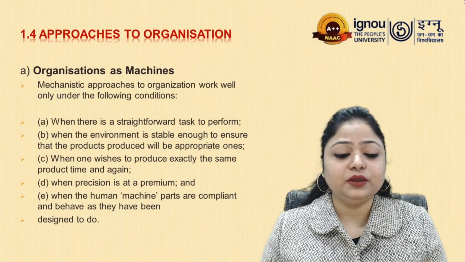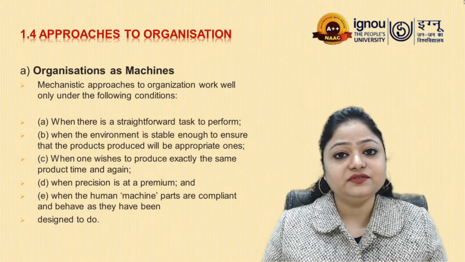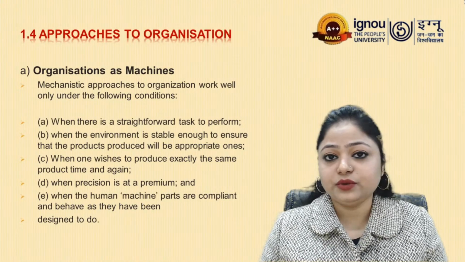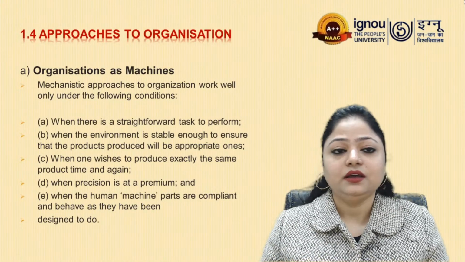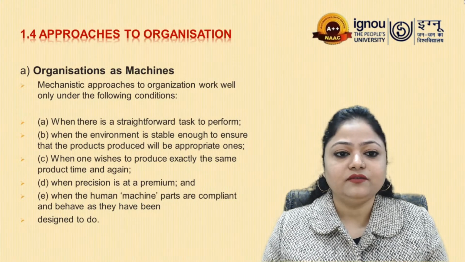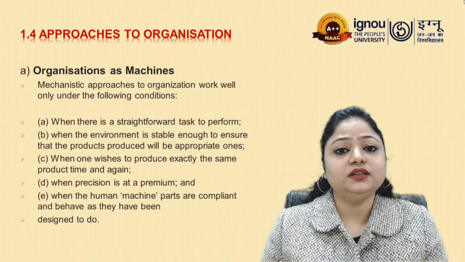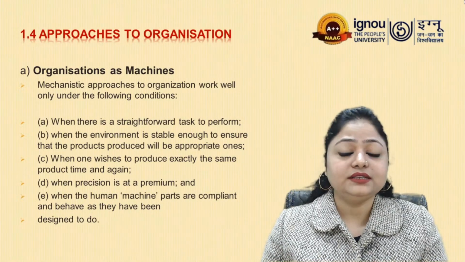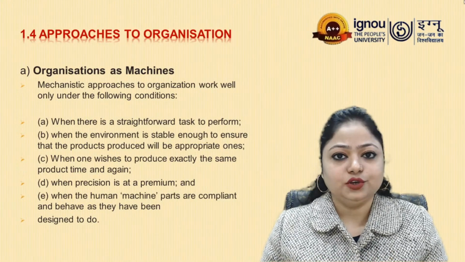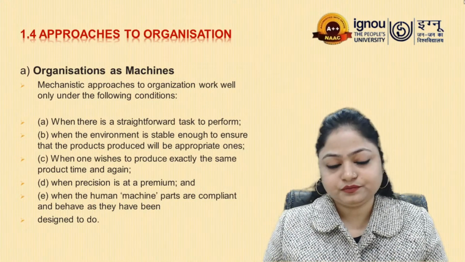Can we have a human being or employee who is very much compliant and behaves exactly as they are asked to? Because human behavior is very difficult to manage. But in certain cases, we can do that. We can train them, we can develop them in a certain way so that they exhibit only the desired behavior. In this manner, we can assume that yes, organization can be understood as a machine.